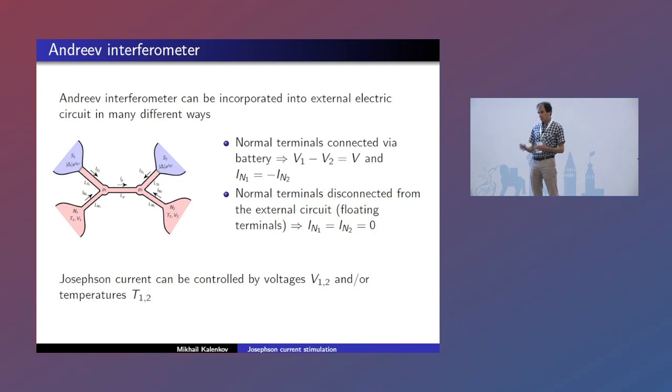Or we can consider another situation when the normal terminals are not connected to the external circuit at all. Then we have a condition that there are no currents flowing into the normal terminals, but some voltages can be induced there in order to provide this condition, the absence of the current.